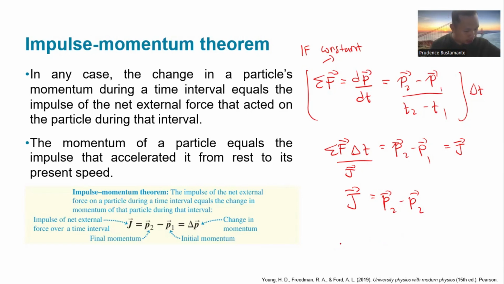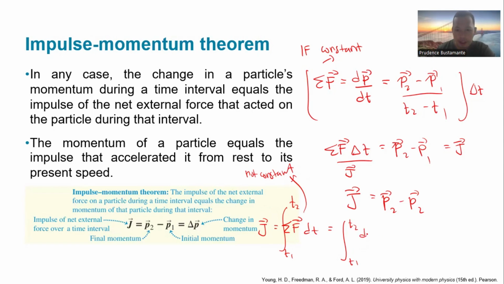How about if it's not constant? If the net force is not constant, then the impulse J is equal to the integral from T1 to T2 of the net force dt. From Newton's second law in terms of momentum, we have dp over dt.